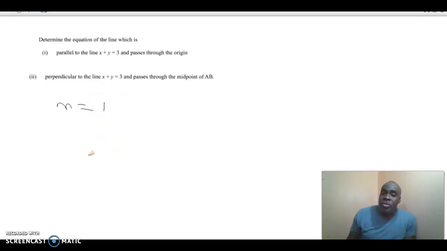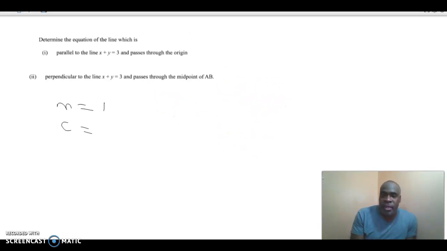Now what we need to know is the y-intercept, which is the c in the equation of the line. They told us it passes through the midpoint of AB, so we have to find the midpoint of AB. You could use the distance formula to find the midpoint of AB, or use the vector method.